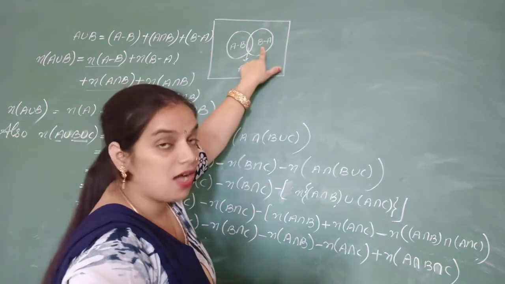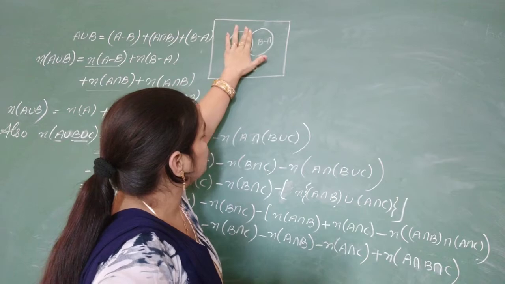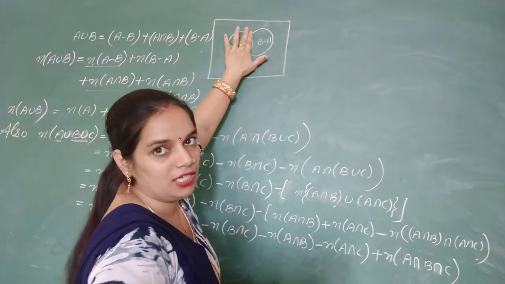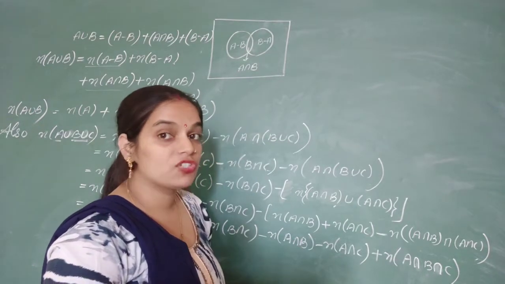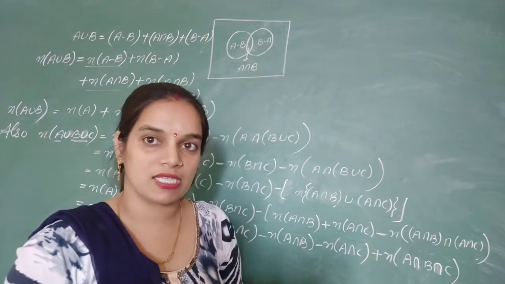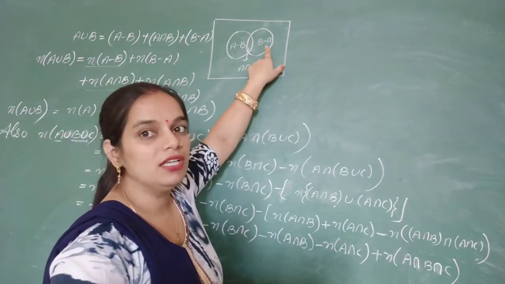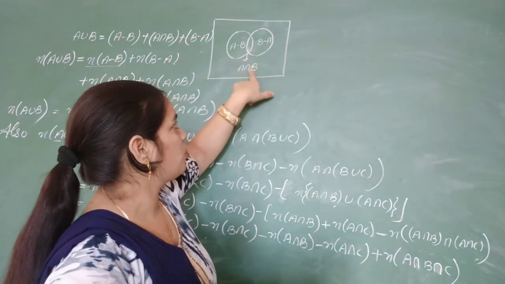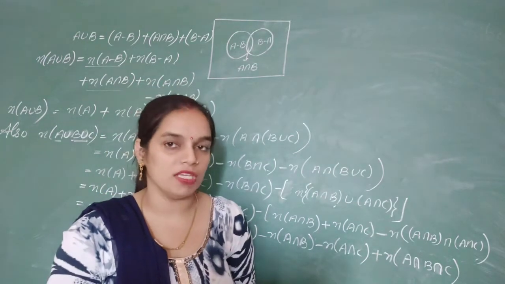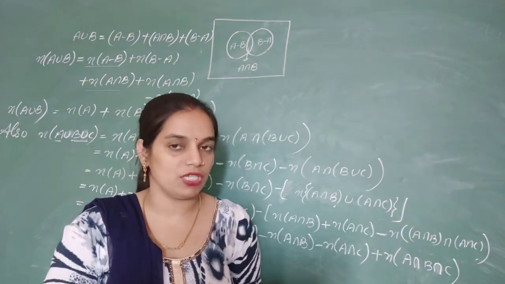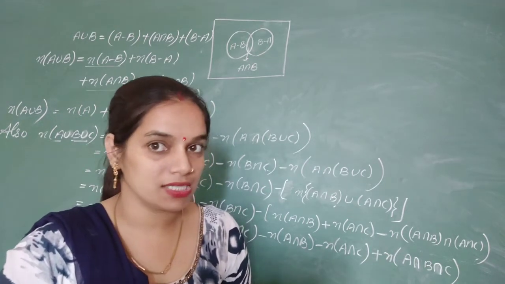Same on the other side, if we remove the common portion that comes in set A, we will get only the portion of set B which is not shared by the set A, and it will be B minus A. Their common portion is always written as A intersection B. In A intersection B there will be the common elements of both the sets.